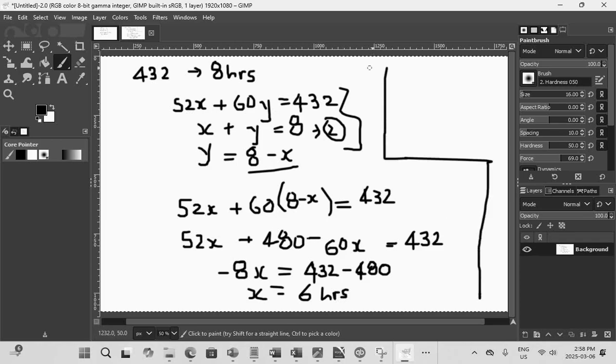Now we can use this information to figure out the time it took for the individual to complete the second leg.